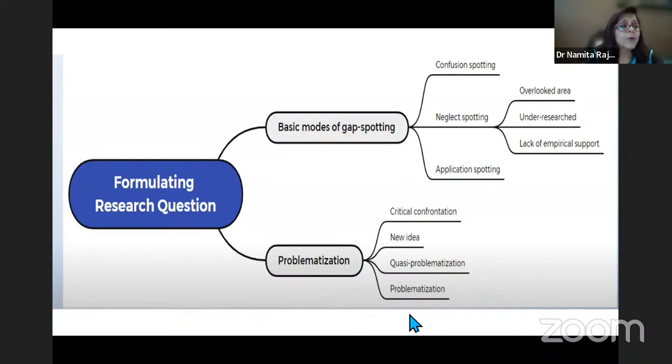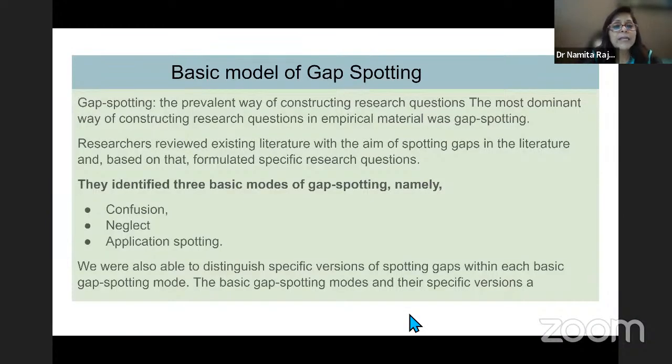Problematization is definitely very time consuming, and you need a lot of patience. So people adopt the first method. These are the basic modes of gap spotting: confusion, neglect, and application. We'll take them one by one.